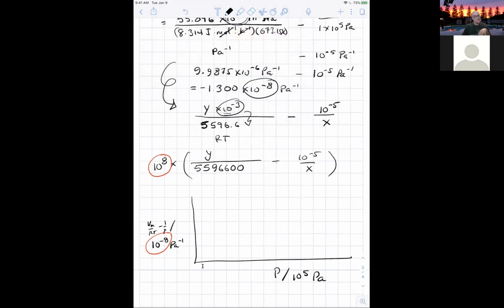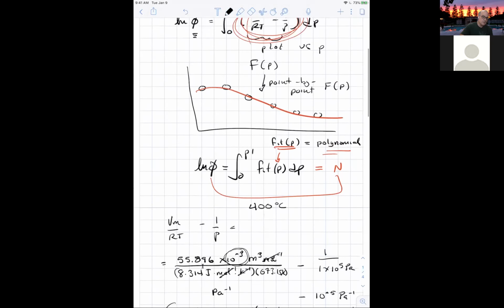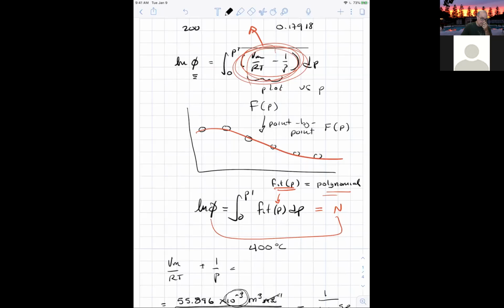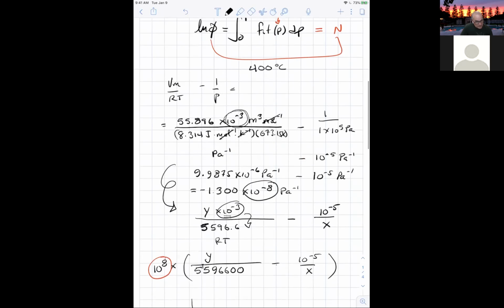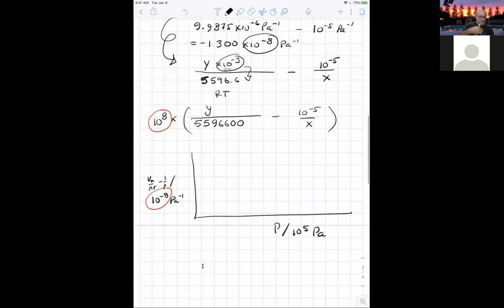So in other words, my X is going to stay the same. I'm just going to change my Y into a function of Y, because that's what's inside my integral. You remember we're going to transform every single point, numerically fit those points, and then integrate the fit function to find the value.